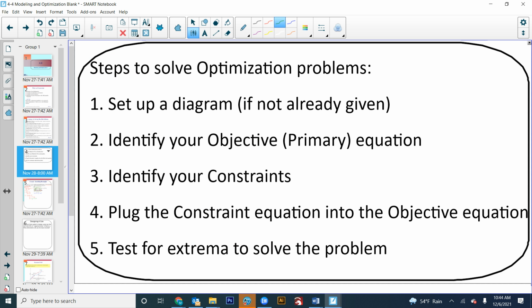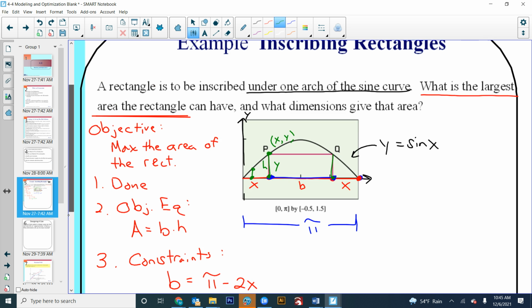Step 4. Plug the constraint equations into the objective equation.